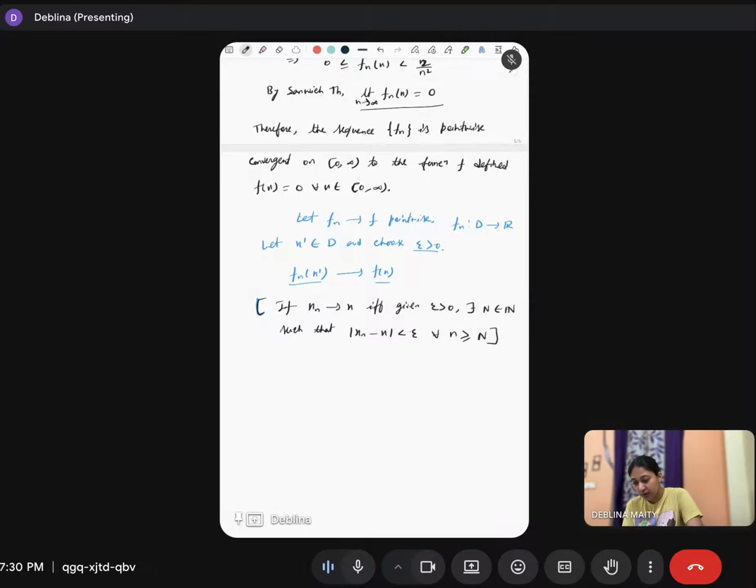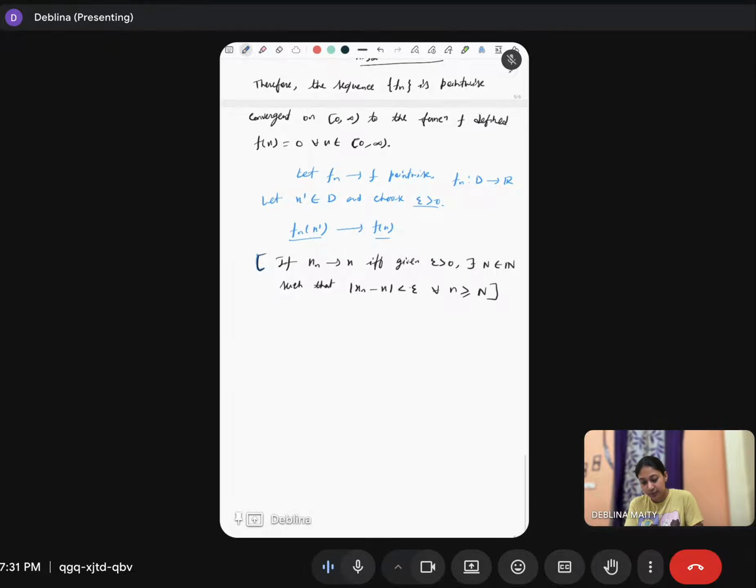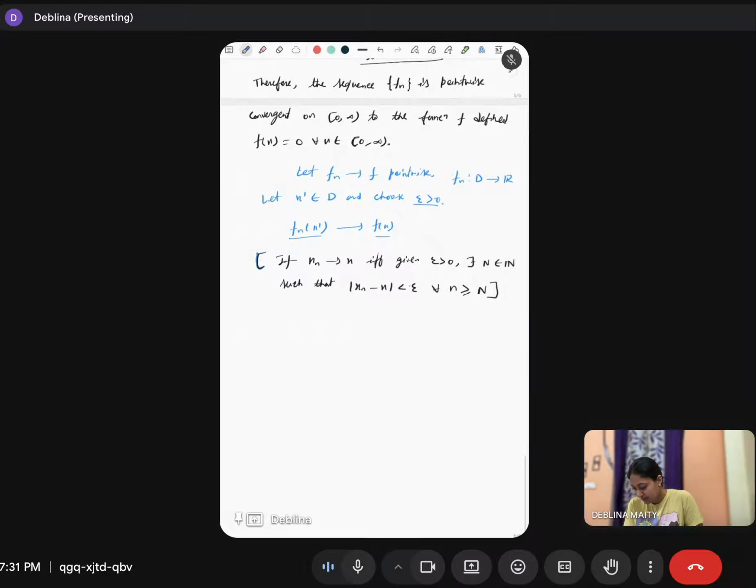Now here we have f_n(x') converges to f(x'). Since epsilon is given, there exists some K' in N such that |f_n(x') minus f(x')| is less than epsilon for all n greater than or equal to K'.